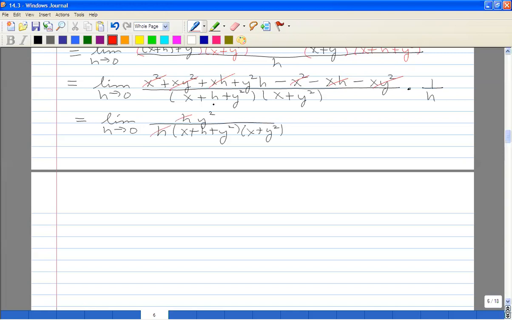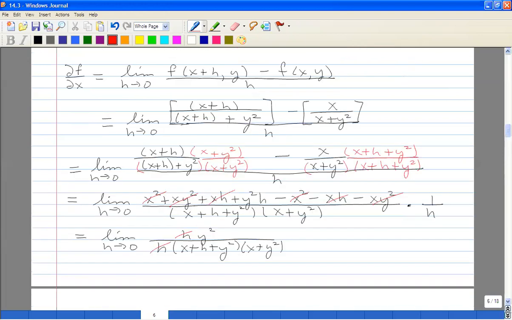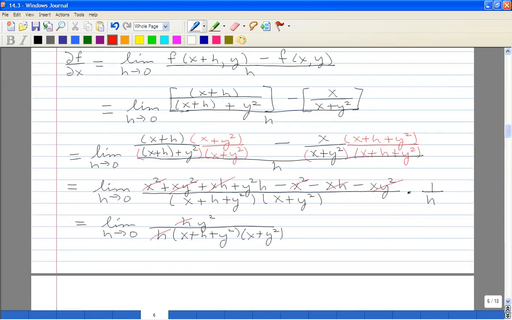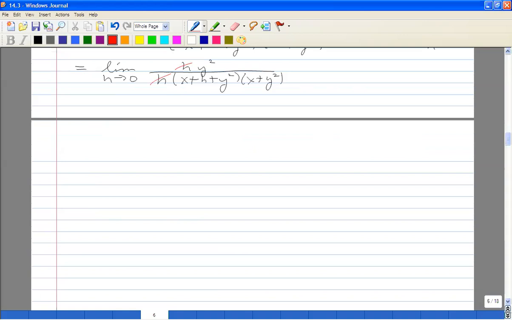Okay. So this is equal to y squared over x plus h plus y squared, x plus y squared. I like the way that looks.